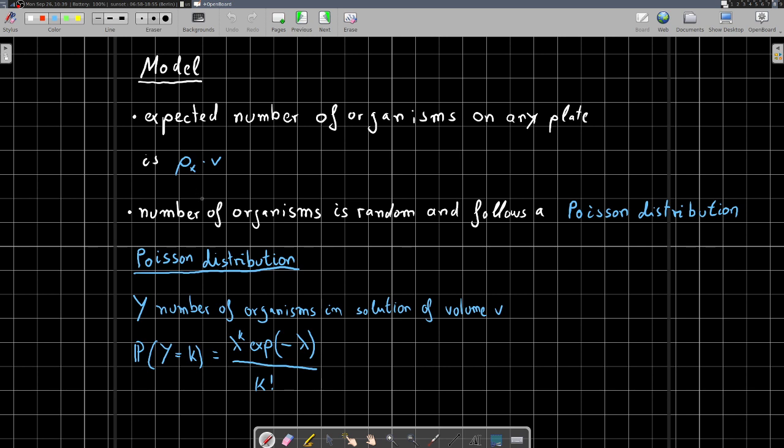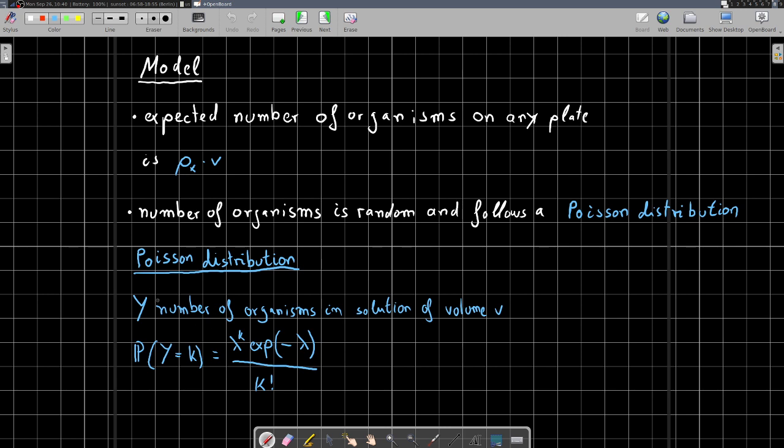Then we also can assume that the number of organisms in a solution is random and follows the Poisson distribution.